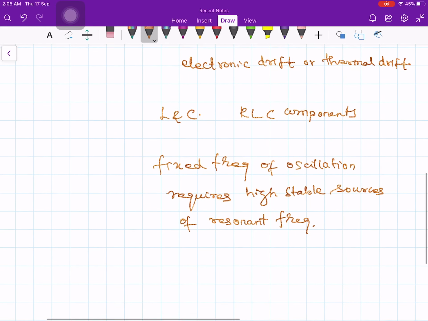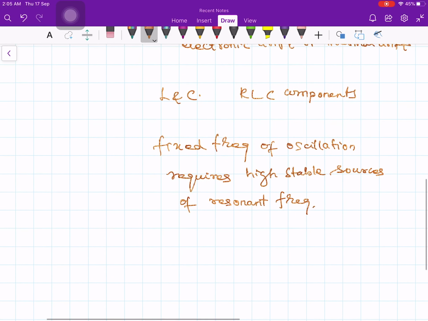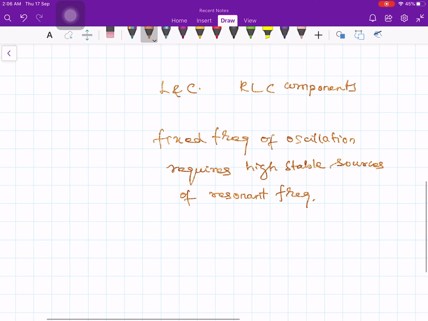Resonant frequency, and typically this comes from what is called a crystal oscillator. Generally, a crystal oscillator provides a stable frequency. It is a stable source. Crystal oscillators use a quartz crystal resonant circuit.